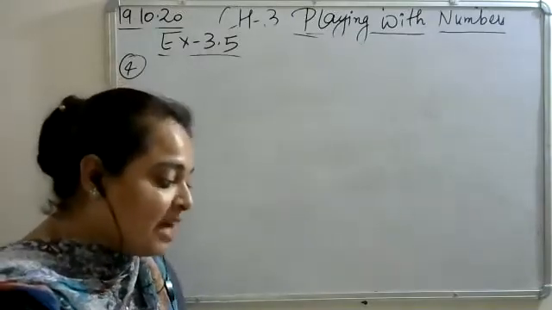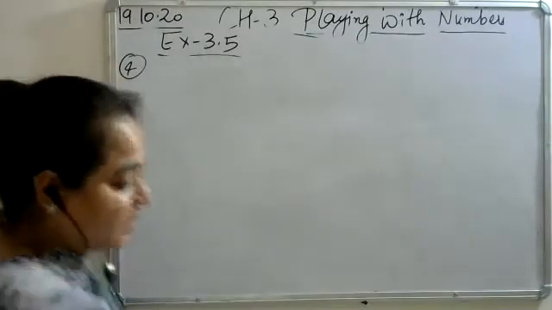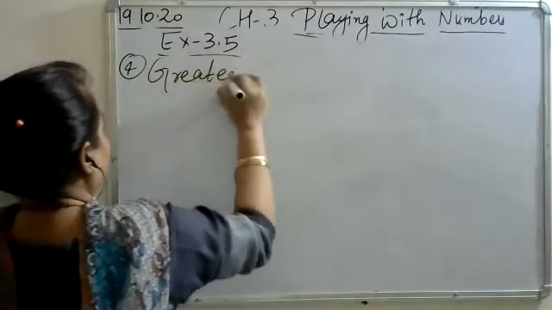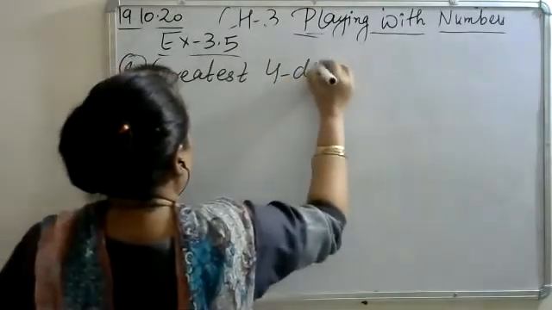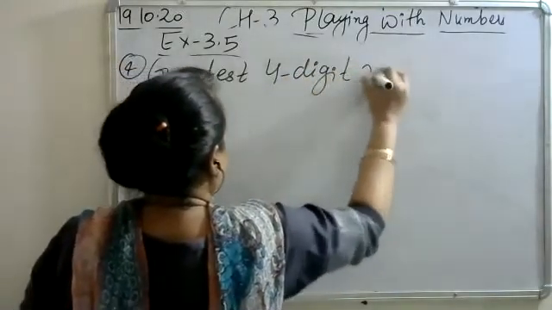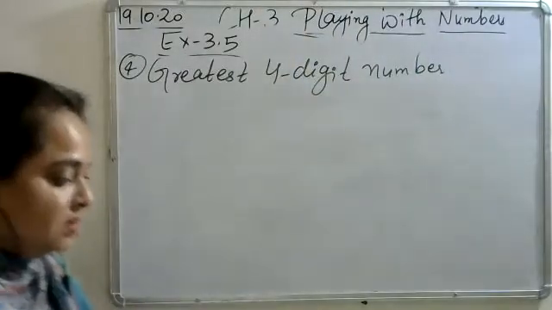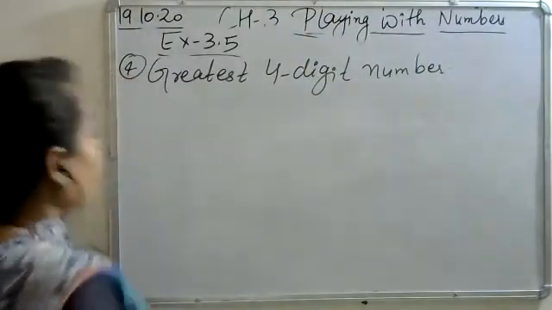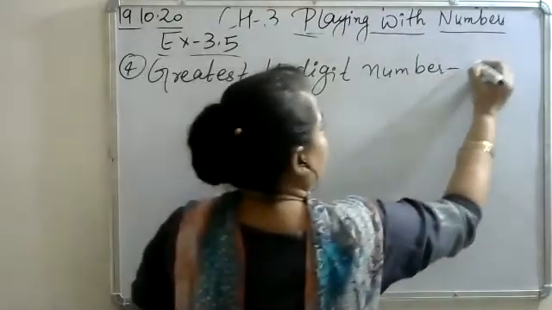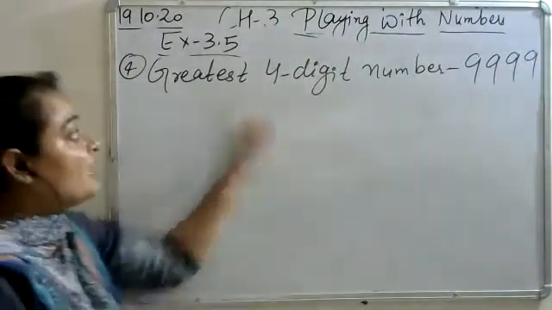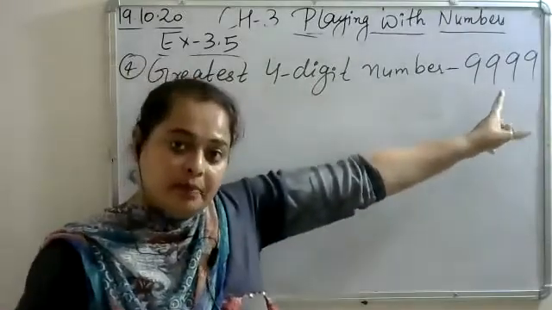So write down in the chat box the greatest 4-digit number. Yes, very good. 9,999. This is the greatest 4-digit number.